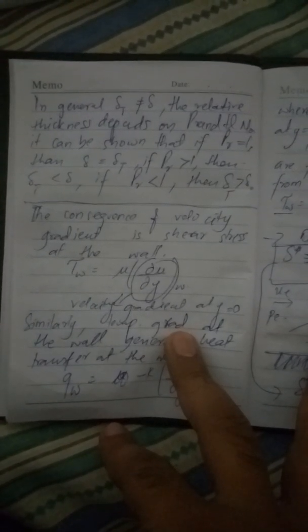And now we have created the velocity gradient and the temperature gradient, which are also functions of distance, and that is our main task as far as the boundary layers are concerned.